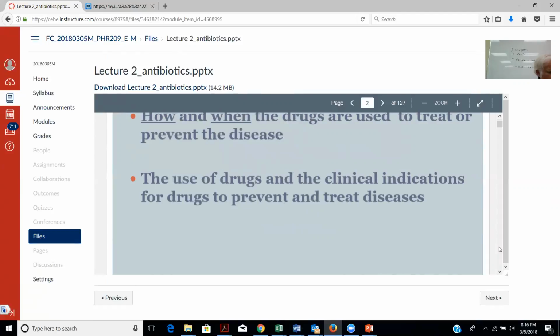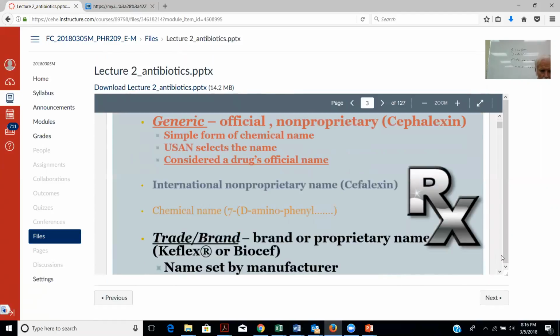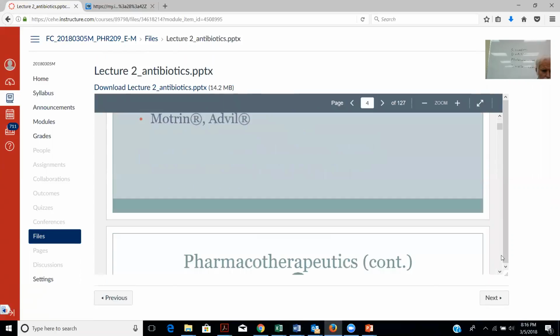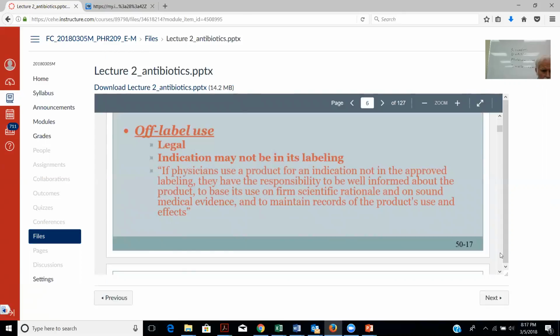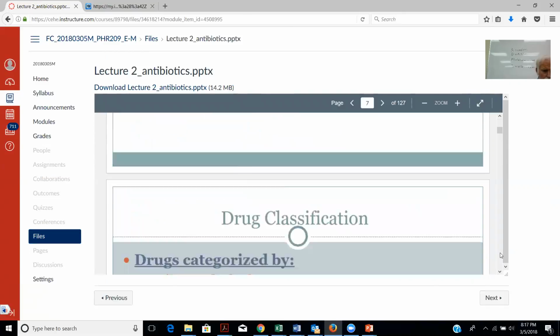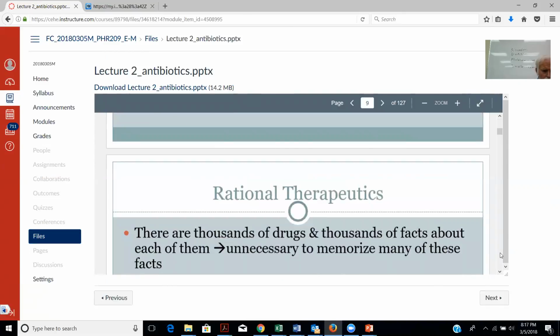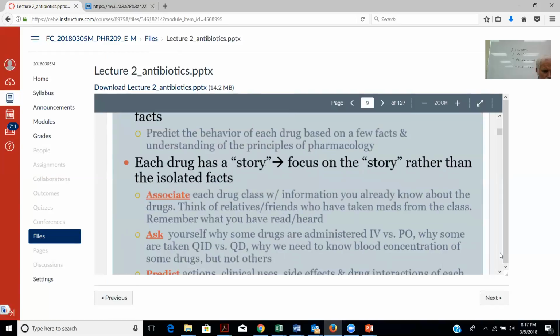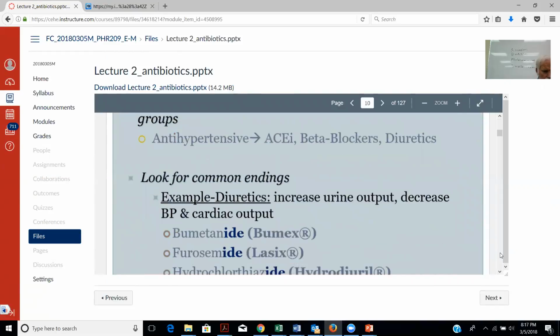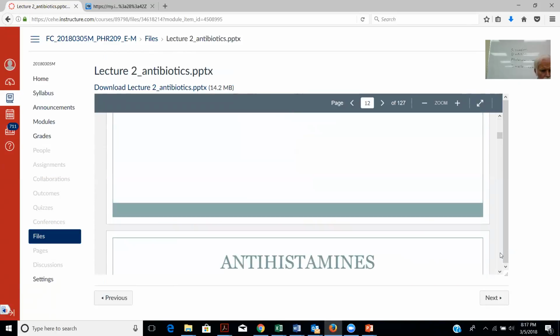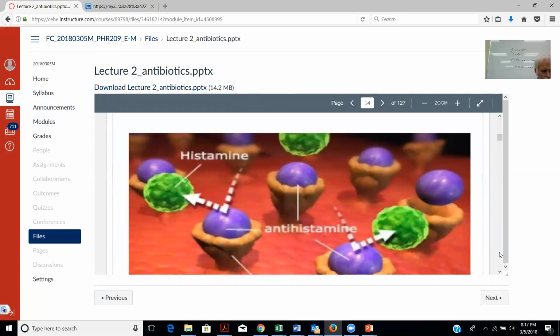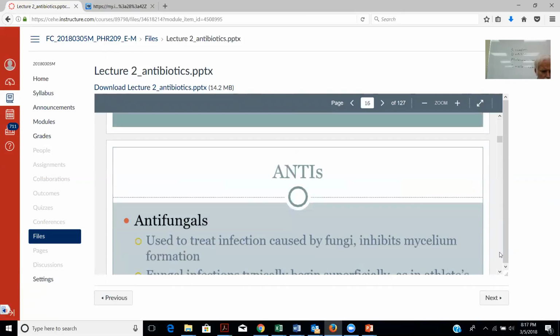We apply that term to a number of drugs, and again, we look at the classification of drugs by what they treat. We can look at drugs a lot of different ways, but what I'm trying to do is get to the point.